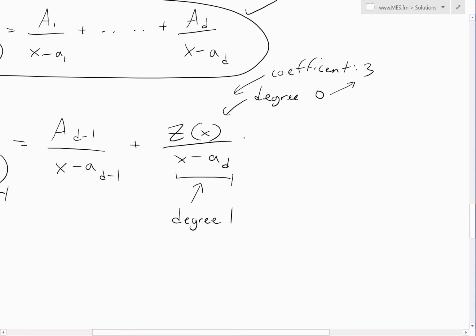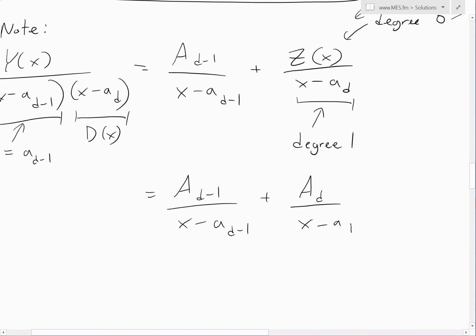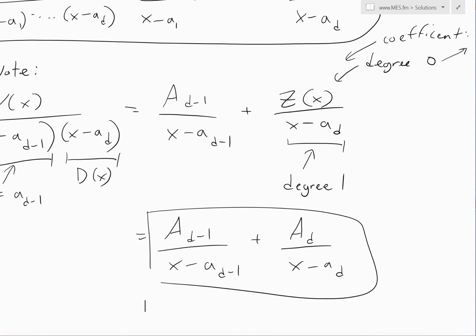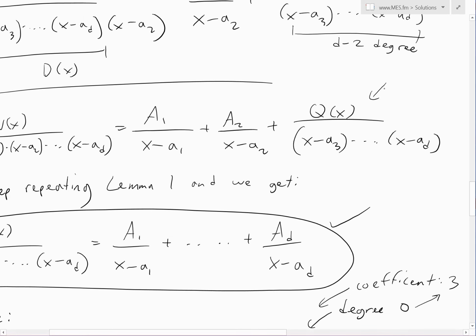So this is just a coefficient. So this just equals a d minus 1 over x minus a d minus 1 plus, and now we could just add a coefficient, and we'll call this a d over x minus a d. So that's what these last two terms look like. That's why there's no polynomial inside here when we apply the lemma, because it goes to basically a coefficient.